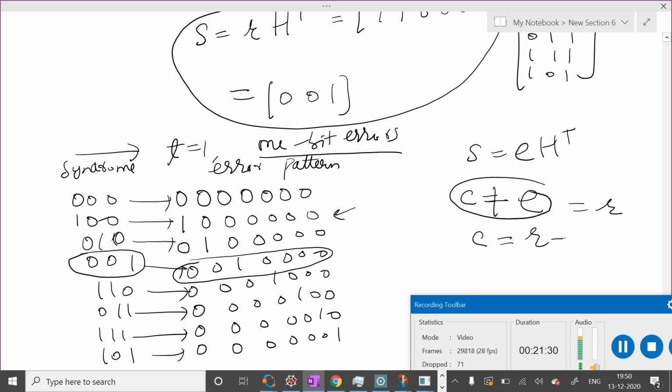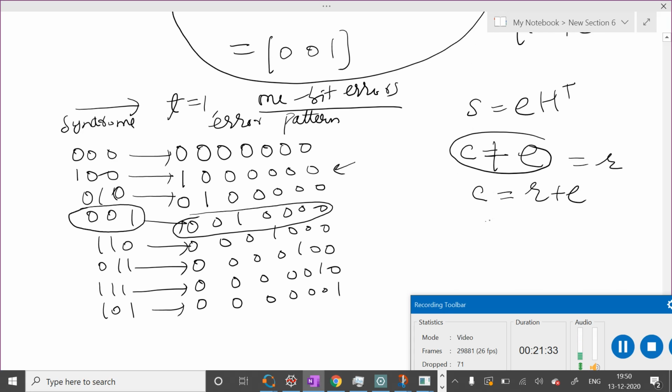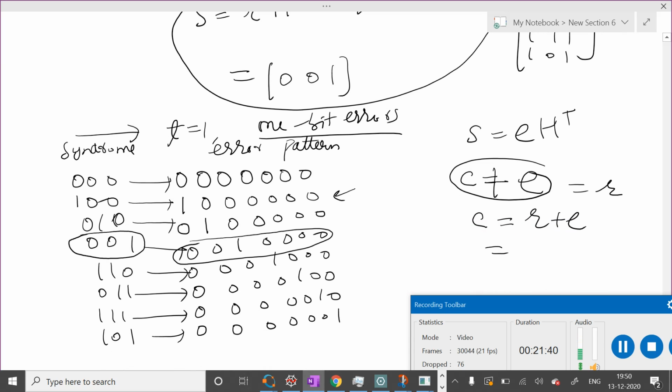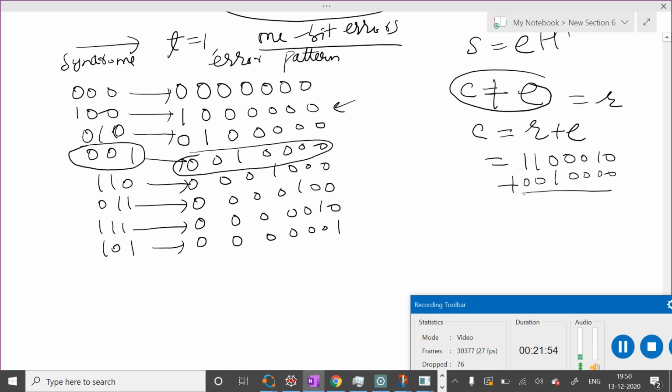R plus E, simple. So our R is 1 1 0 0 0 1 0, and E is the error pattern 0 0 1 0 0 0 0. Add them up, you get 1 1 1 0 0 1 0. So you got back the code word. So we have detected the error as well as corrected the error for this particular case. Okay, very simple.